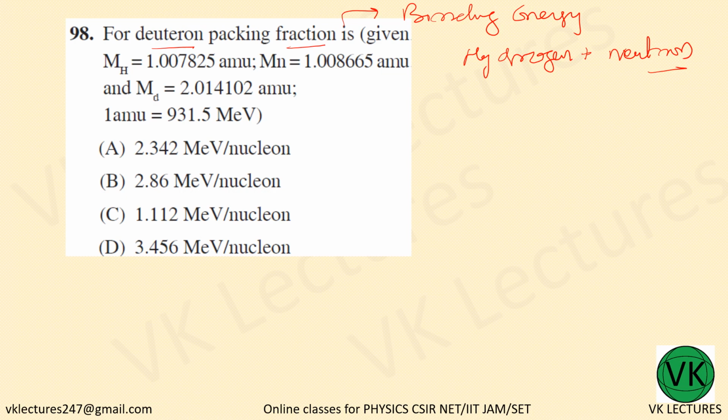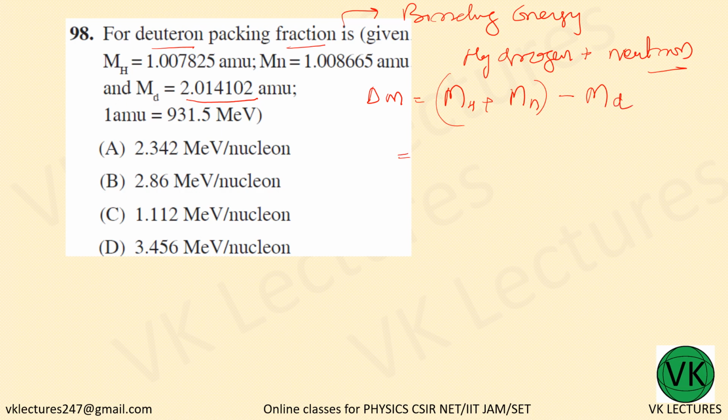Okay, so that's it. Now you want the neutron mass. Neutron mass is given, and the deuteron mass is 2.014102 u. Now you want mass defect, delta m. Delta m is equal to the mass of the hydrogen atom plus the mass of the neutron minus the mass of deuteron.